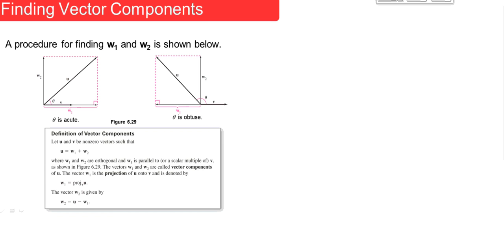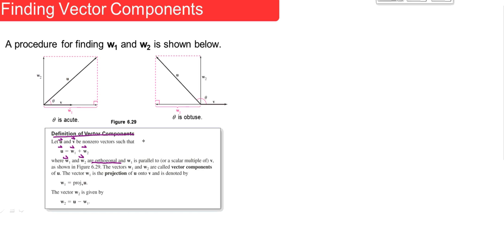So you do want to write the definition of vector components, and then we'll look at that in a little more detail. It says, let vector u and vector v be non-zero vectors such that vector u is equal to vector w1 plus vector w2, where vector w1 and vector w2 are orthogonal. So we know what that means. They're orthogonal, so this is a right angle, as is over there.